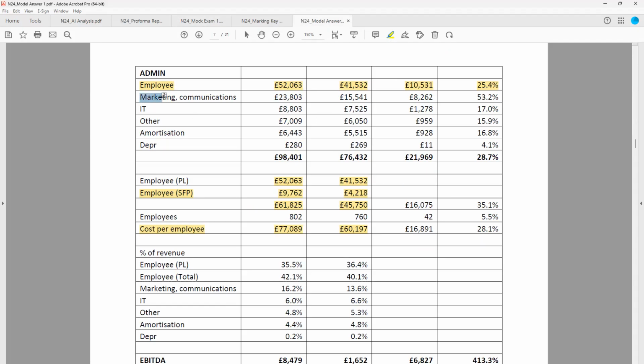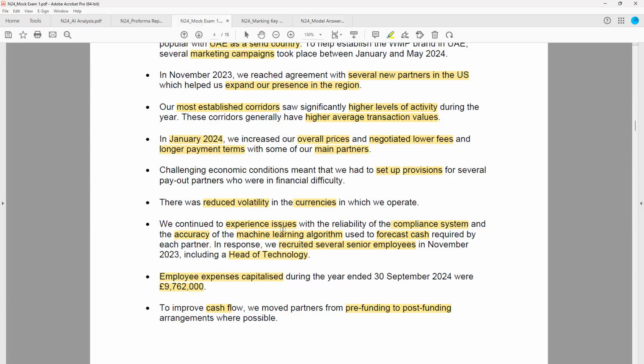And then with some of the others, we were told marketing had gone up because of the campaigns in Dubai. But we know from the AI that once the brand is established, that should reduce. IT, that's increased, maybe possibly because of some of this additional work that needed to be done around the algorithm and the compliance system.